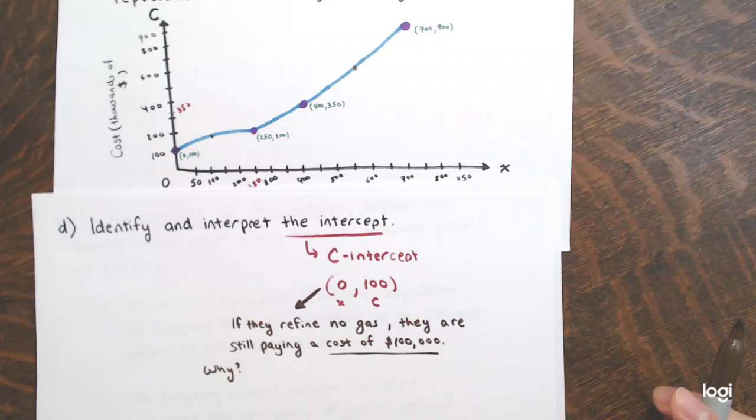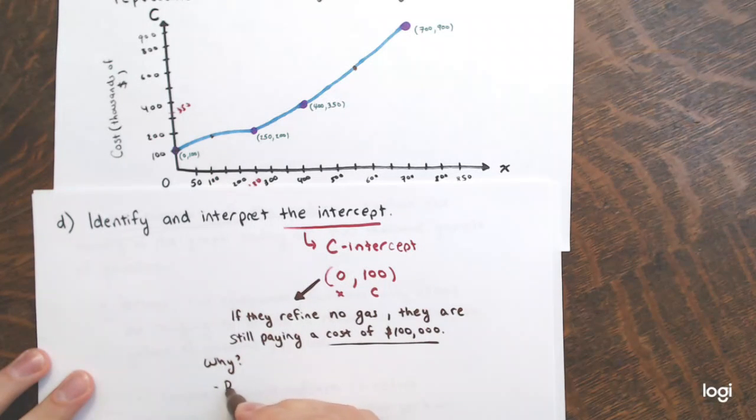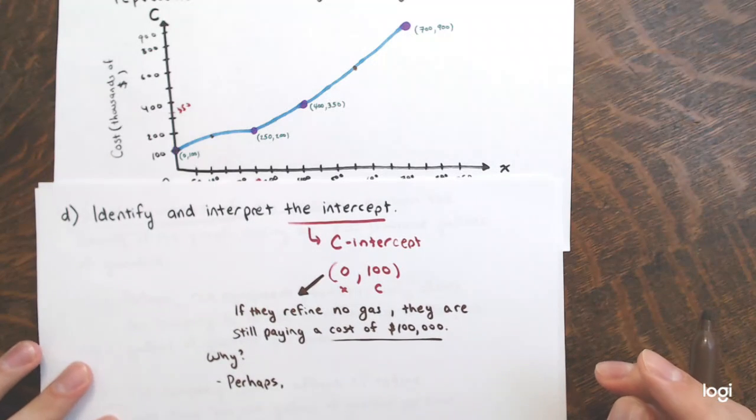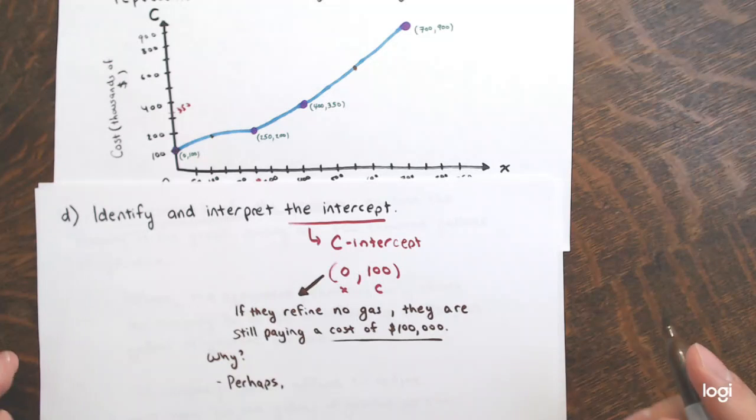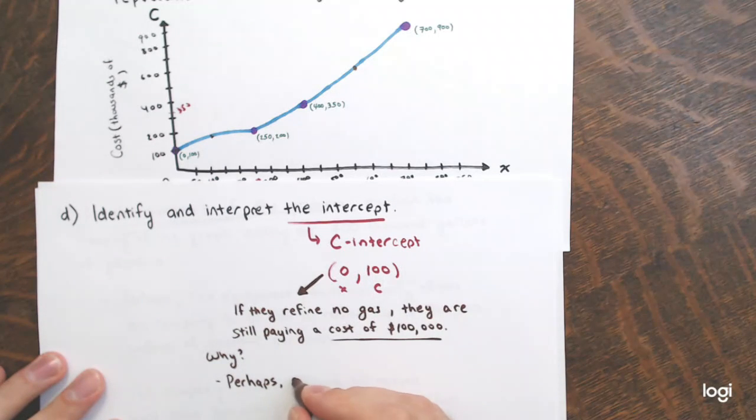Well, let's think about what goes into company costs. This is a gas refinery. Perhaps, again, I'm putting perhaps, they have building and equipment costs that would add up to that.